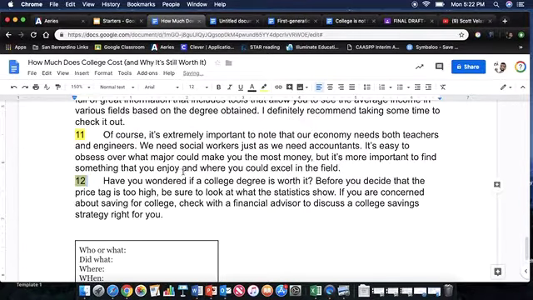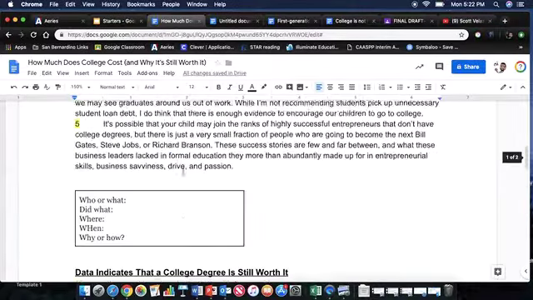All right, so you have highlighted all of the paragraphs. You should have 12 numbers highlighted.